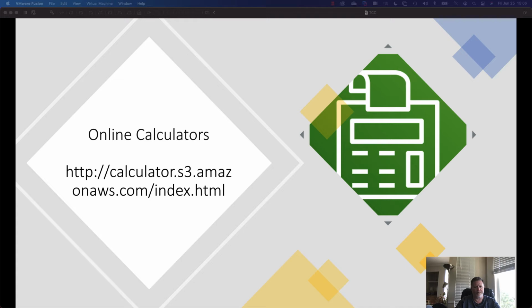And Amazon provides 2 regularly updated modeling tools: the simple monthly calculator to help you understand what running any combination of AWS resources will cost you, and then the total cost of ownership calculator to closely compare what you're currently paying for on-premise service and what the same workload would cost on AWS, right?